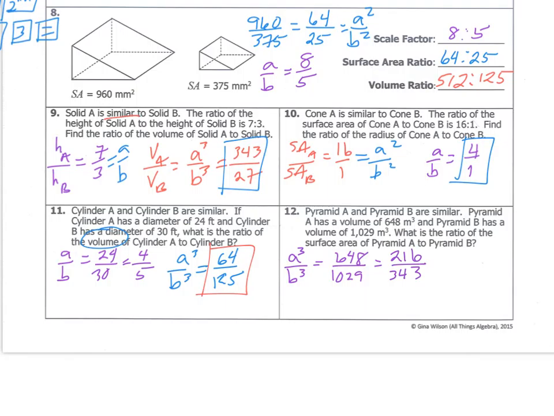Haven't you seen the number 343 before? Right? Perhaps that's a perfect cube. I don't know. Let's see if they are. So now take those buttons that we were talking about earlier, and you're going to take 216. So 216 second, Y to the X button, and then 3, and hit equals.